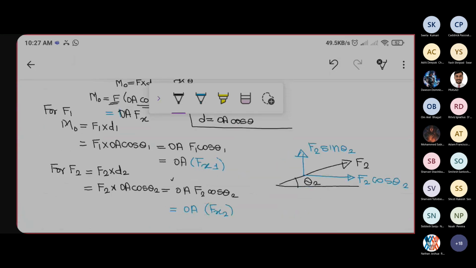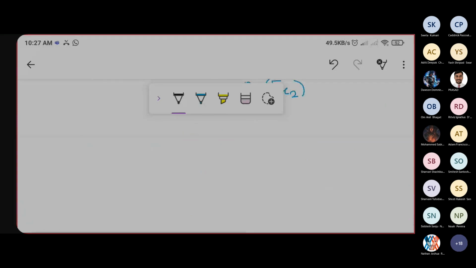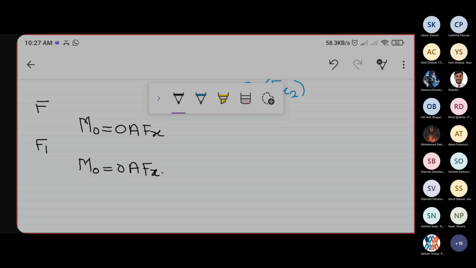So we'll write again here M OA is equal to OA Fx for force F. For F1, moment of F1 about O is OA Fx1.